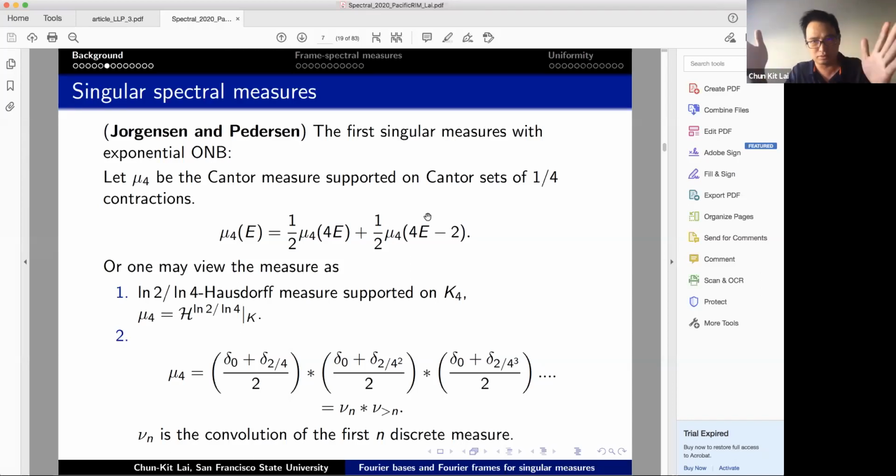That means you divide your interval into 4 pieces and just choose 2 pieces. Actually, any 2 pieces work. Here they use 0 and 2. So that measure is the Hausdorff measure supported on the Cantor set, or a self-similar measure, or, what we use, an infinite convolution of Dirac measures of 2 points, then convolved with the next level of 4 points, and the 8 points, and continue.